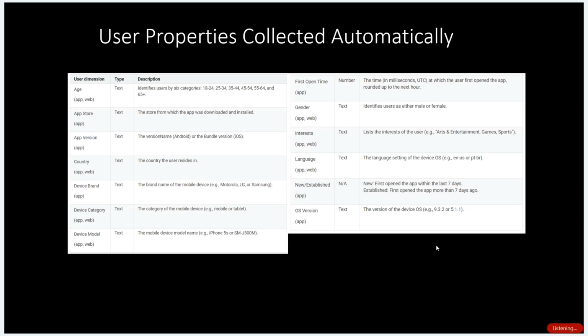That's what I'm showing here. So certain user properties and certain event parameters are collected by Google by default, so you don't have to do anything. You can go in and check what the age of the users is, what the App Store, I've never used App Store, but what country they are from, what device they are using, etc. So all these are done automatically for you.